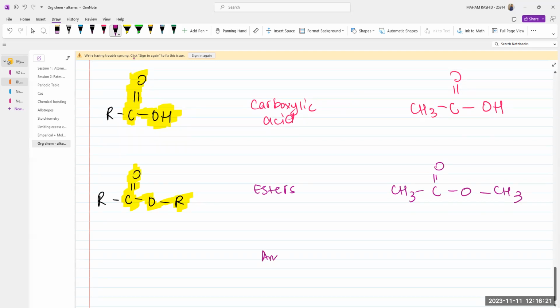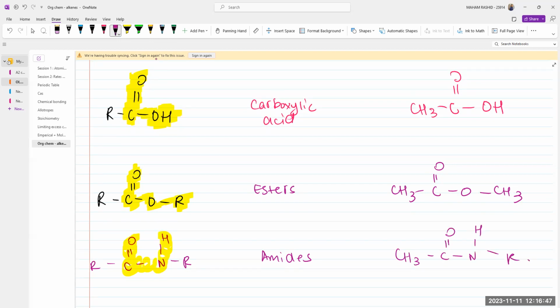Then we have amides, whose functional group is the C double bond O N. So we're done with the overview.